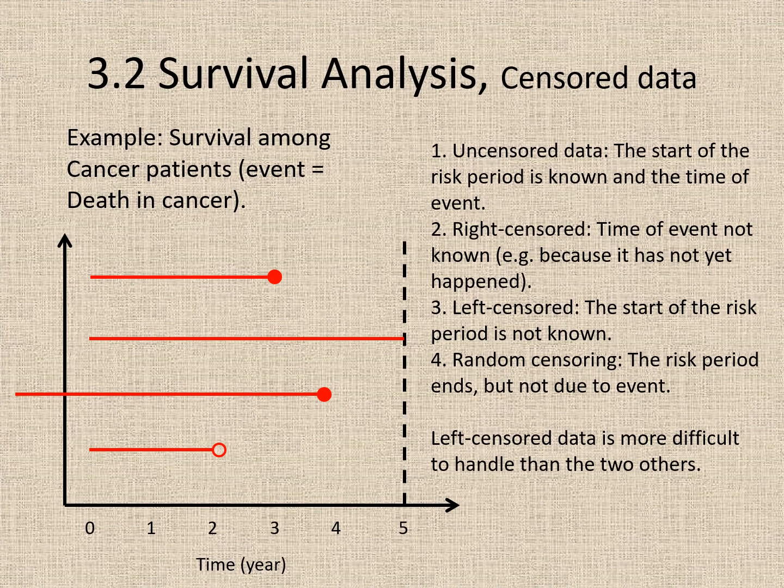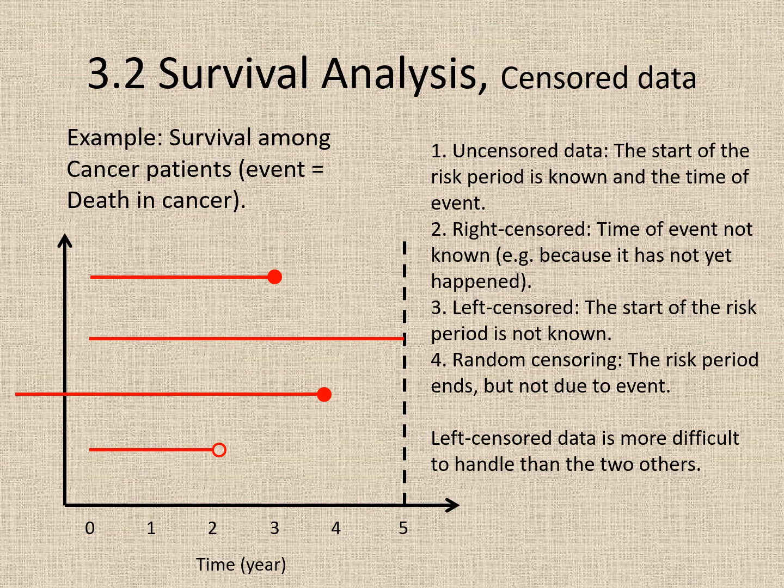We know when he or she enters the follow-up period, so we know the starting time here. And we also know when the event of interest occurred. Here the person, in our case, the event is death in cancer. Here the person died in cancer. So uncensored data. The start of the risk period is known as well as the time of event.